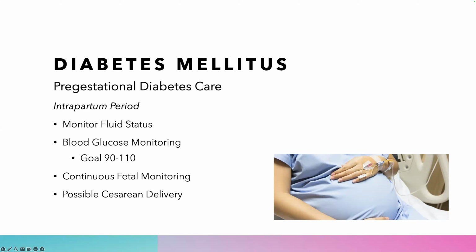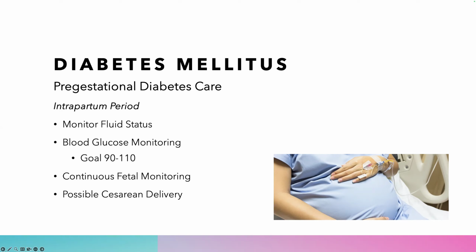We don't want their blood sugar to drop; if it drops below 70, then we're going to typically add dextrose to it. Typically, they're going to have their blood sugar checked every 2 to 4 hours, depending on the hospital policy, in that latent phase, the early laboring phase. And then when they get into the active phase of labor, they're going to have their blood sugar checked every 1 hour.